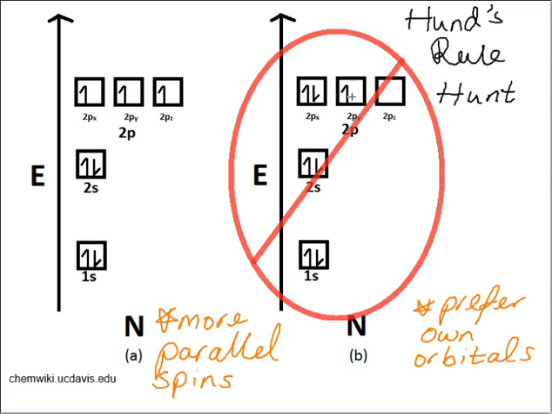It's silly, but it makes you remember it, so you don't mix it up with Aufbau's rule. It actually hunts for its own orbital. It likes to be alone. They're all selfish. And they prefer to have more parallel spins, so they move around and try to make it that they have more parallel spins. They like that. So that's Hund's rule.